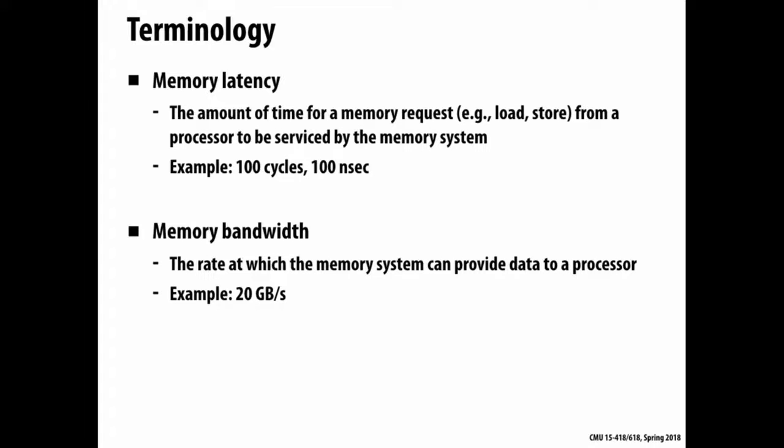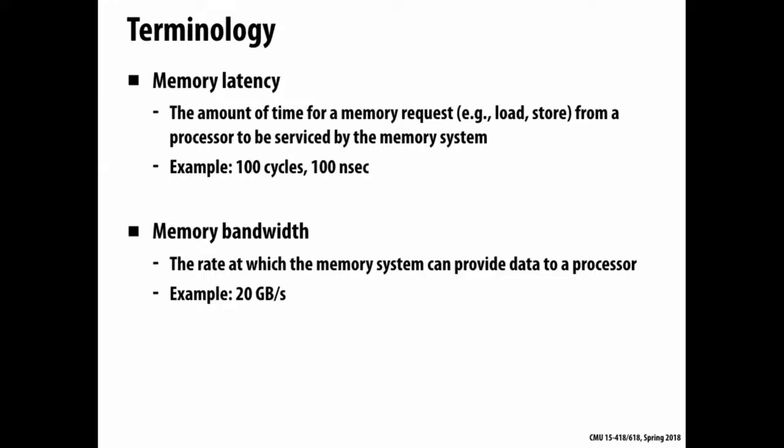But one thing that hasn't improved a lot over time is how much the time to get a byte from memory into the processor. And that's the latency as well as the throughput. How many bytes can we stuff, bytes per second, can we run through the relatively narrow set of wires that link the memory to the processor?